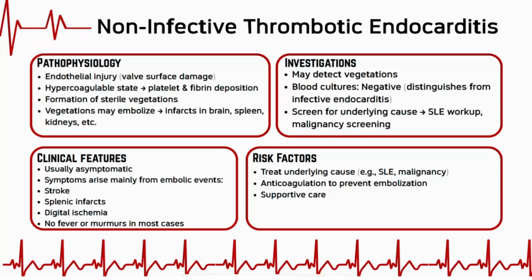Now, non-infective thrombotic endocarditis. This is another form of endocarditis where you have endothelial injury as a result of, say, jet lesions, turbulent blood flow, things like that. It creates a local area where you have platelet and fibrin deposition, and this local area is therefore prothrombotic or hypercoagulable.